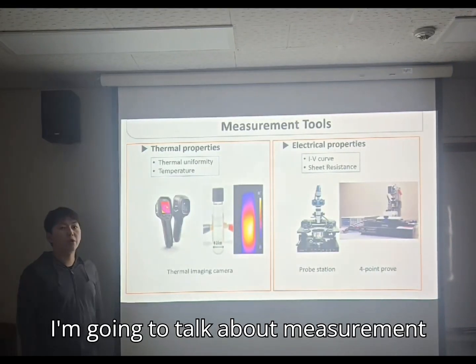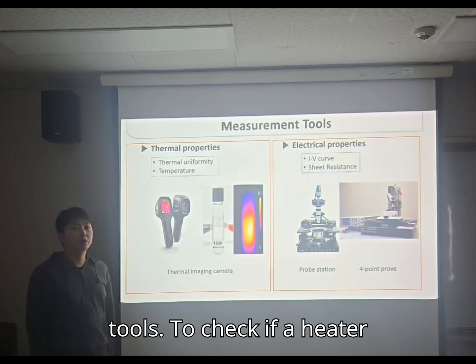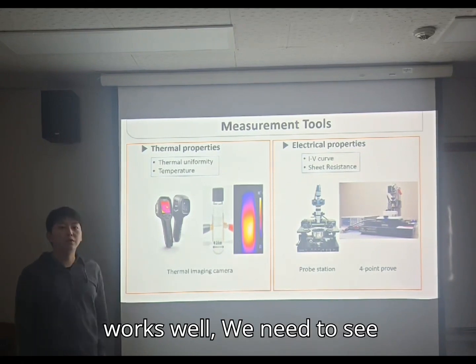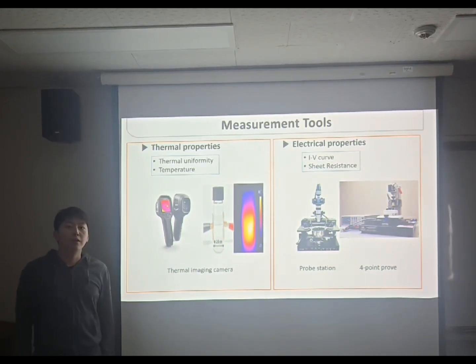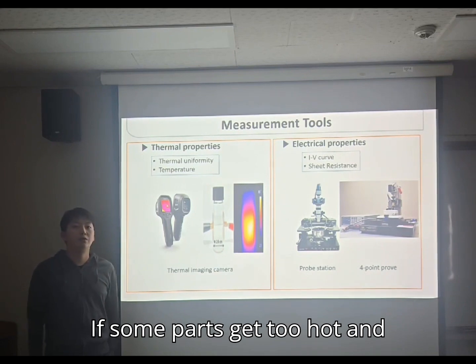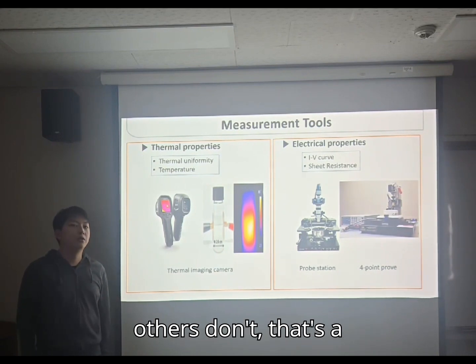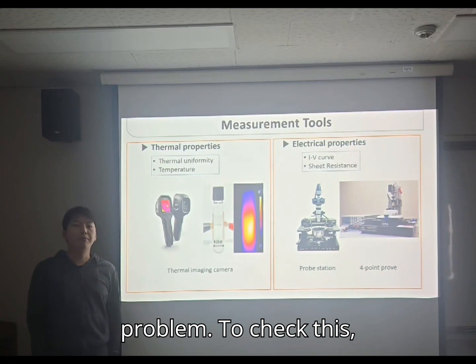I'm going to talk about measurement tools. To check if a heater works well, we need to see if it gives off heat evenly. If some parts get too hot and others don't, that's a problem.